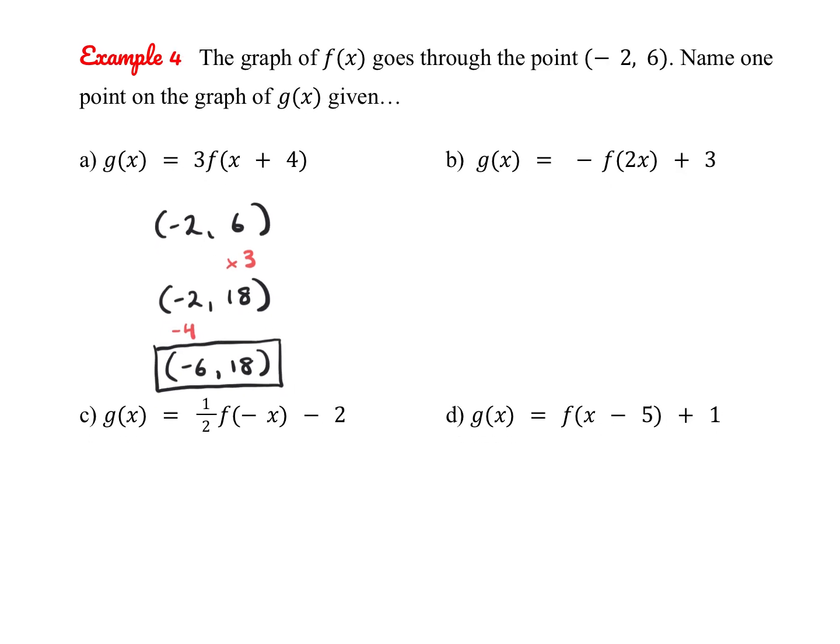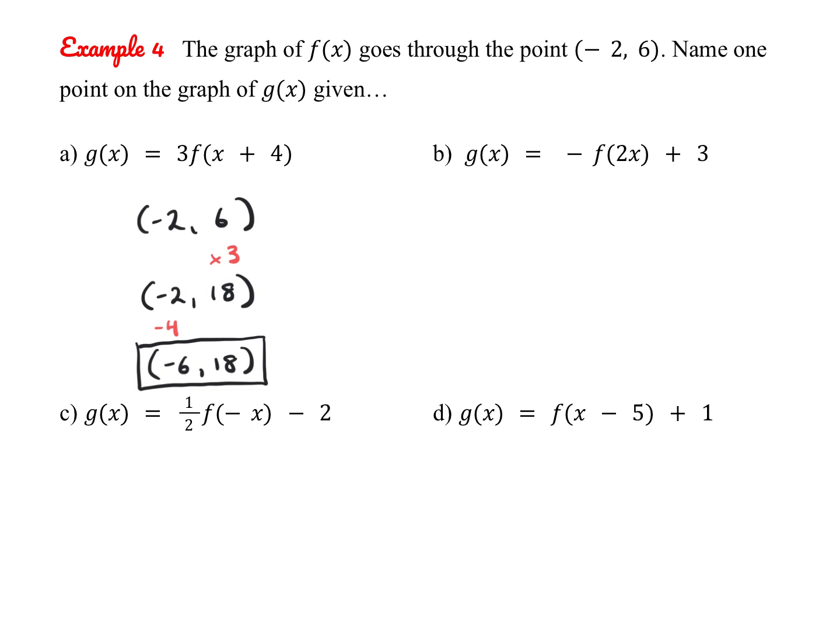All right, let's try this next one. So I'm starting with -2, 6. First I see this negative out front. Since it's out front, it's going to affect the y value. So I'm going to multiply my y value by -1, and that reflected my coordinate. And then I see that we actually have a horizontal shrink by a factor of 1/2.